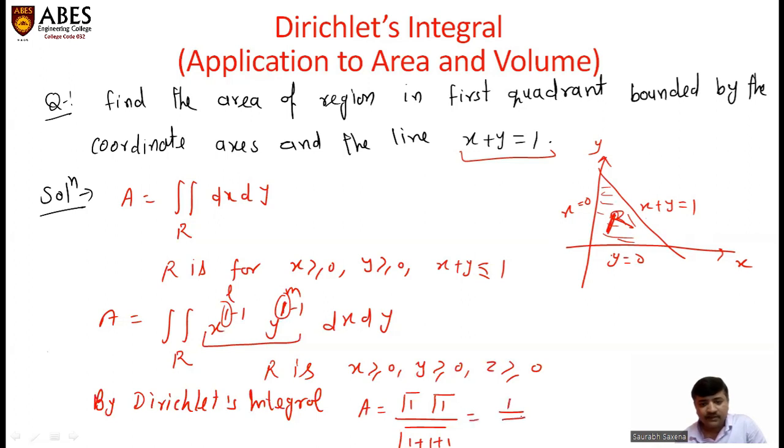That is 1 by gamma 3, and gamma 3 means factorial 2. The answer is 1 by 2. So this is the beauty of Dirichlet's integral, even without actually doing the integration. Here we haven't integrated, we made use of Dirichlet's integral directly in the formula gamma l gamma m divided by gamma l plus m plus 1.